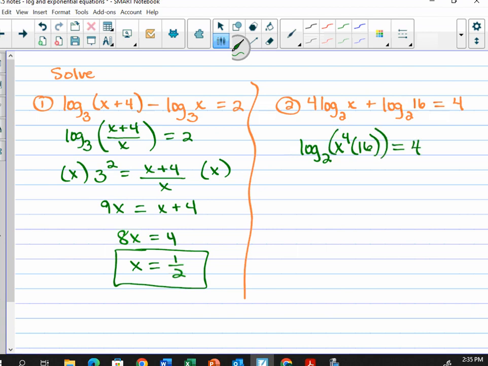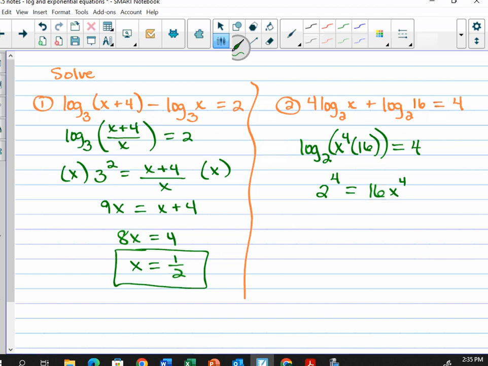All right, guys. Your first step is condensing. Okay, then you turn it into an exponential. So 2 to the fourth equals 16x to the fourth. Are you okay to that point? Yes, 16x because it's implied.